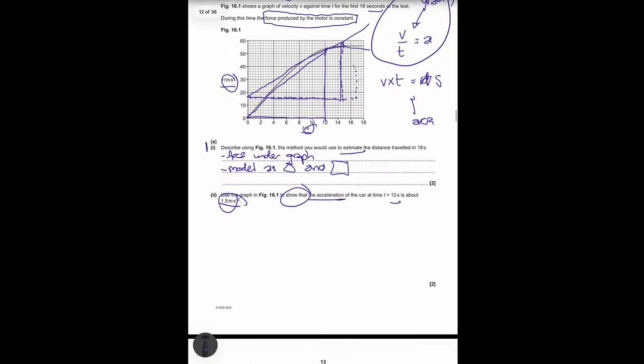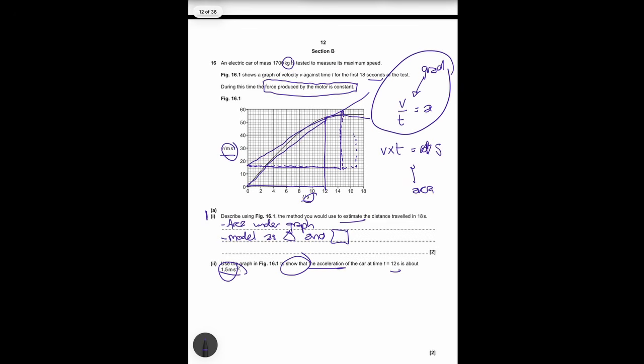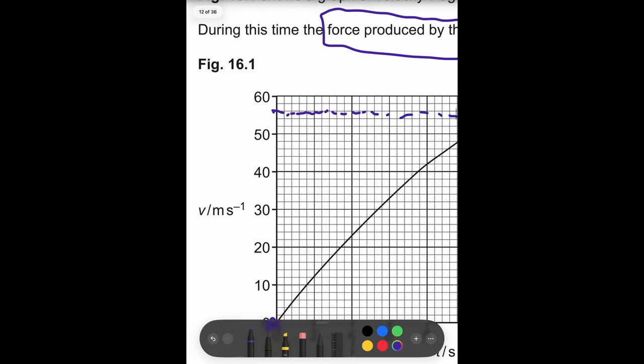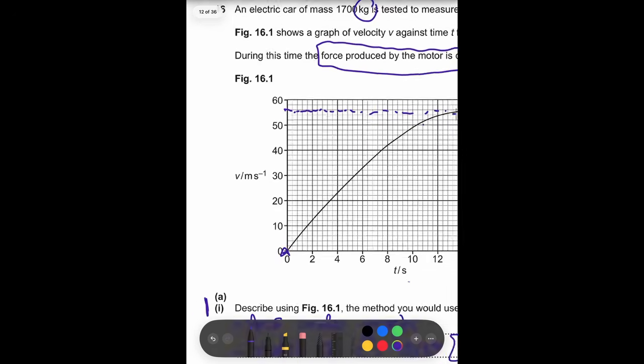Obviously from the graph I can get the change in velocity. I've scribbled all over it from before, so let me just get rid of that. So how am I going to get the change in velocity? Well, it started at 0 and the question says 18 seconds. After 18 seconds it was up here. So I'm just showing the examiner that I'm reading this. I'm drawing on the graph to make sure, and I'll just read that properly. So I'll zoom in there, and then that's 56.